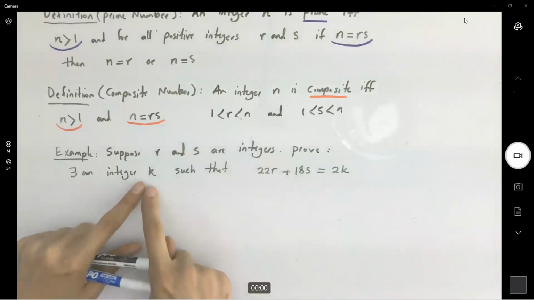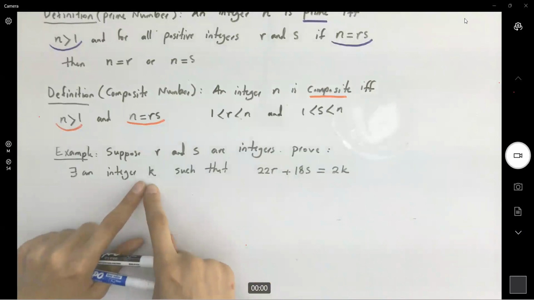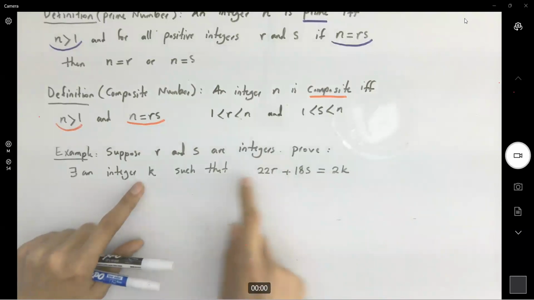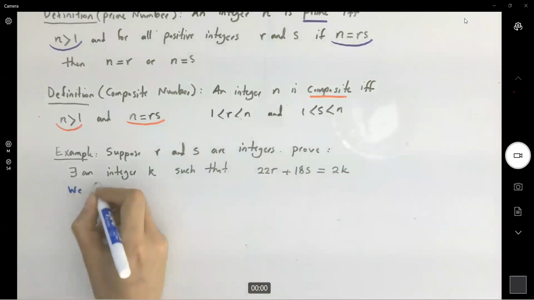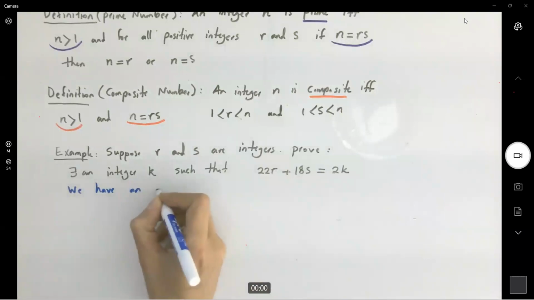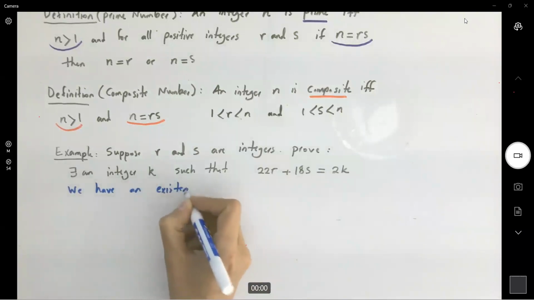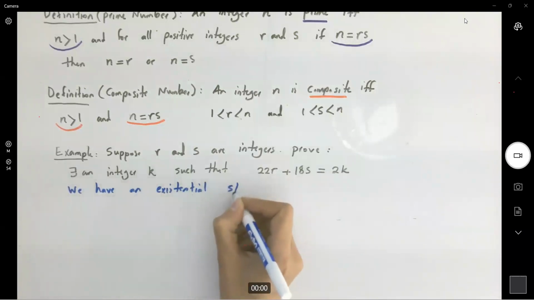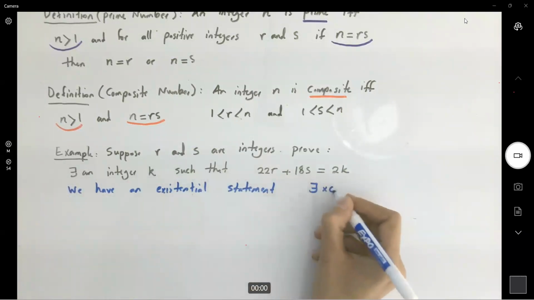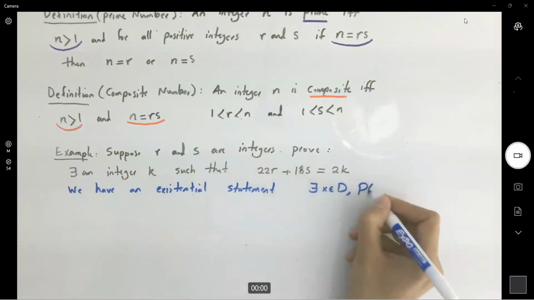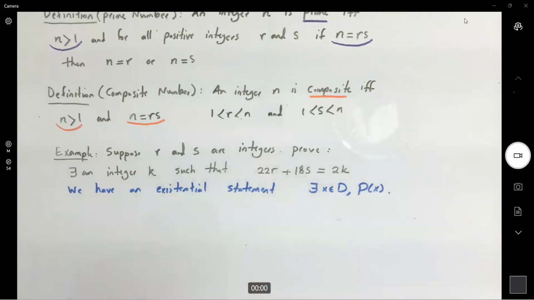Do I actually have to find a specific number, or can I use some symbols? Again, note that we have an existential statement. There is an x in the domain D such that Px.